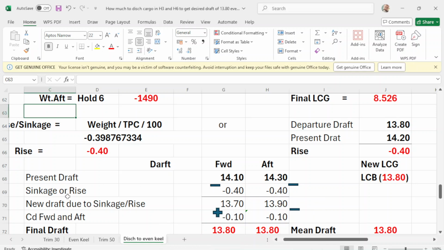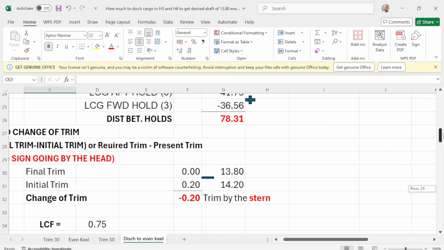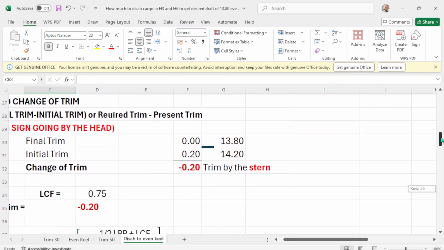And you apply your rise, because the vessel is to rise, so you apply it here, meaning you have to subtract it from your present draft. So what's your rise?